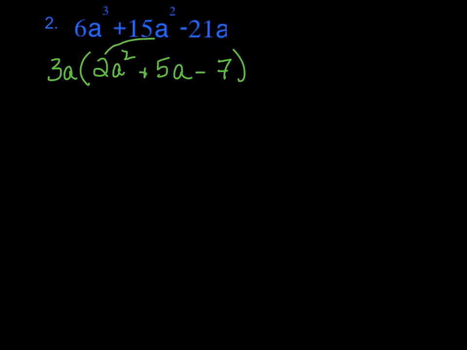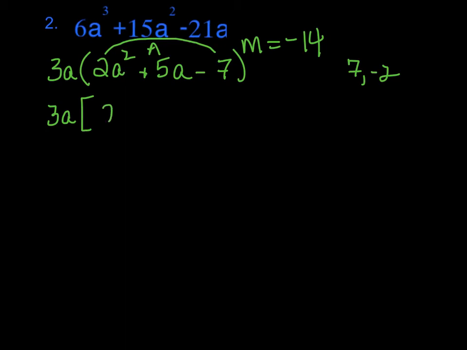So I'm going to figure out what multiplies to negative 14, but will also add to 5. Okay? So when I do that, I see that that's a positive 7 and a negative 2. All right, so let's keep bringing that GCF down, that 3a. Now, remember when we factor a trinomial by rainbow, we bring down the first term.